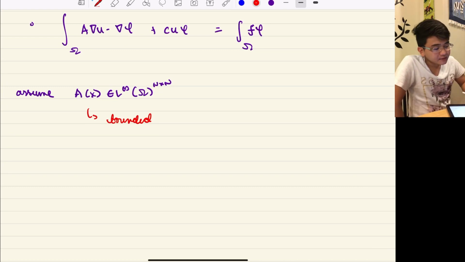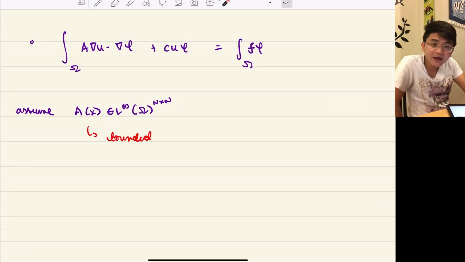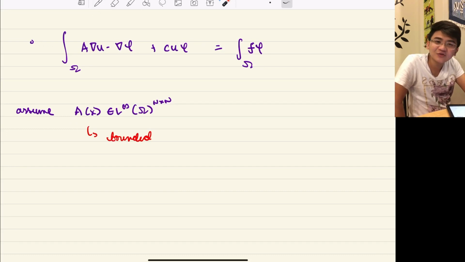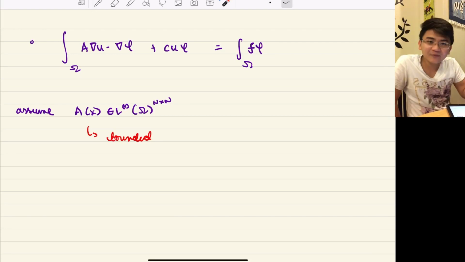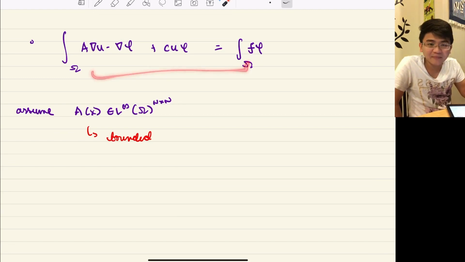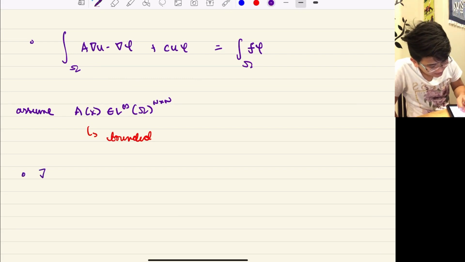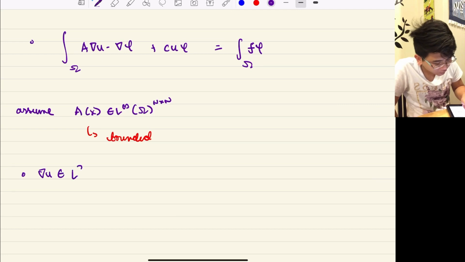There is a more rigorous definition of what L infinity is, but we're just going to say it's bounded. Okay. So we were saying before that we only need one derivative of u, and it doesn't even need to be a classical derivative, it just needs to be a weak derivative. Moreover, this equation still would make sense if grad u is only square integrable.